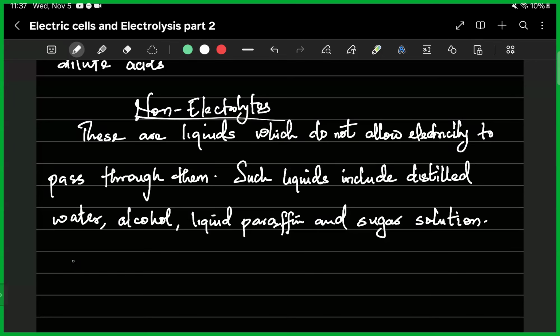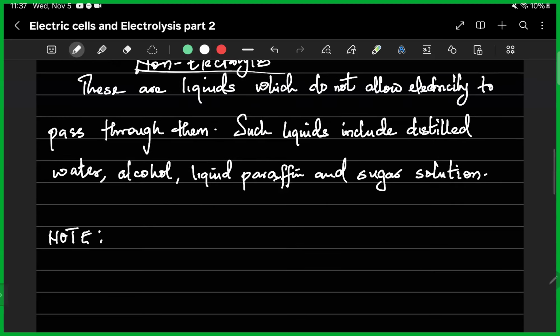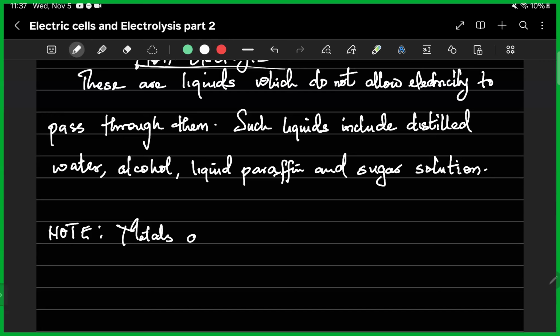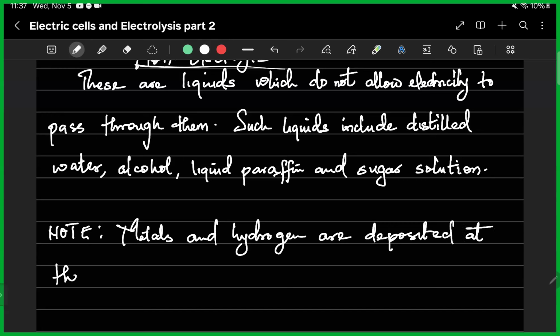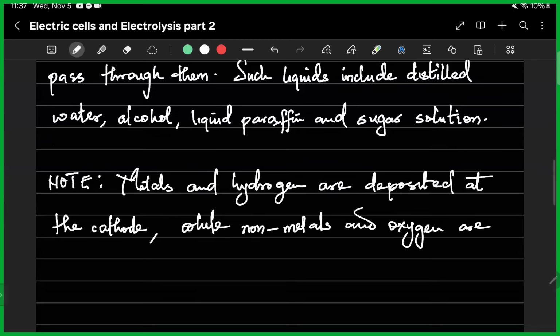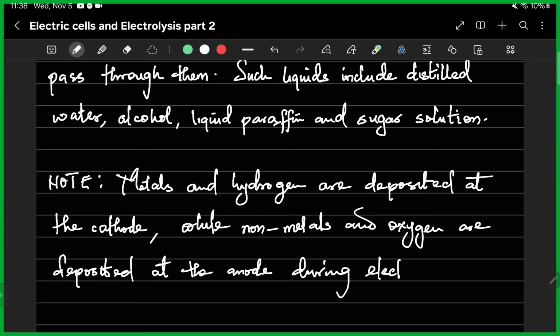Let's note something here. Metals and hydrogen are deposited at the cathode, while non-metals and oxygen are deposited at the anode during electrolysis.